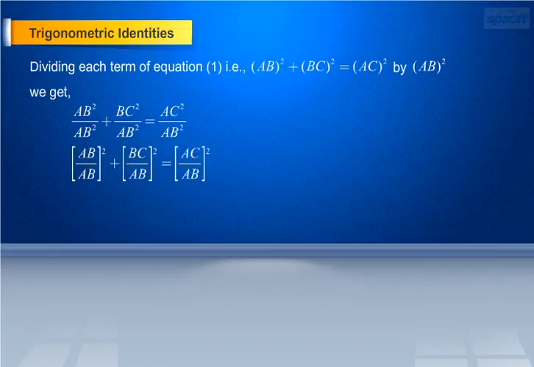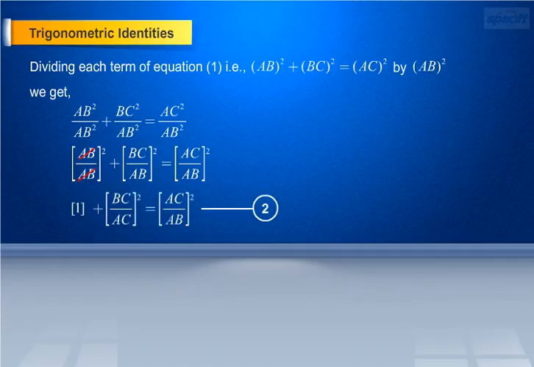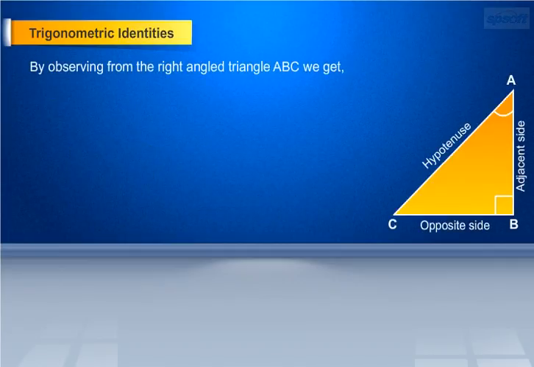This implies that AB by AB whole square plus BC by AB whole square equals AC by AB whole square. On simplification we get 1 plus BC by AB whole square equals AC by AB whole square, make it as equation 2. As we know that tan A equals opposite side by adjacent side.